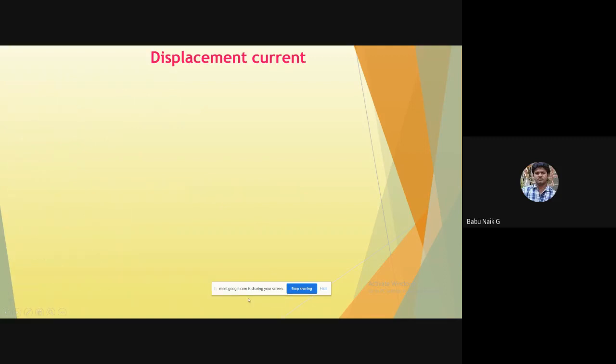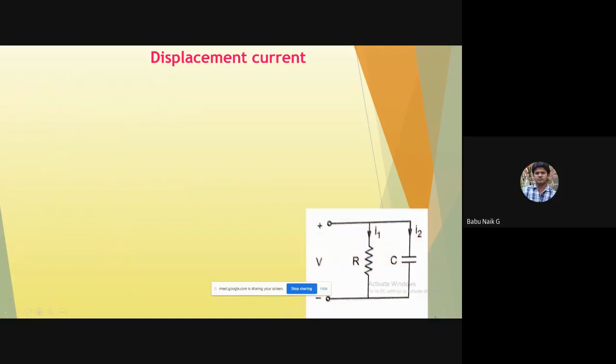Now further, let us move to the practical side and apply the same thing to an electrical circuit, to see physically how displacement current is considered.